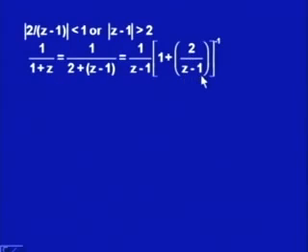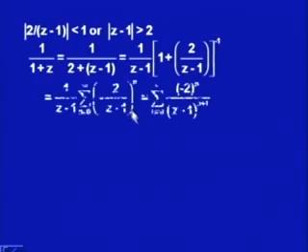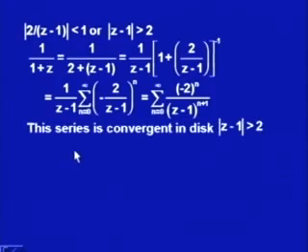Here 2/|z−1| is less than 1, so we can again expand in power series, and we will have 1/(z−1) times summation n = 0 to infinity of (−2/(z−1))^n, and the series will be (−2)^n divided by (z−1)^(n+1), summation from 0 to infinity. So, this series is convergent in the region where |z−1| is greater than 2.